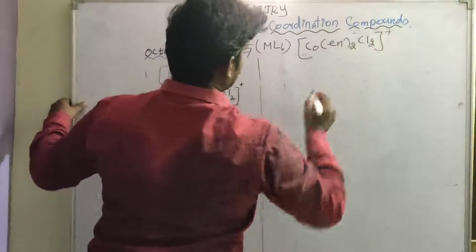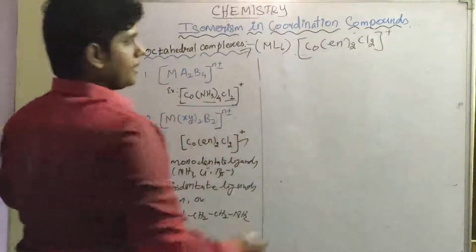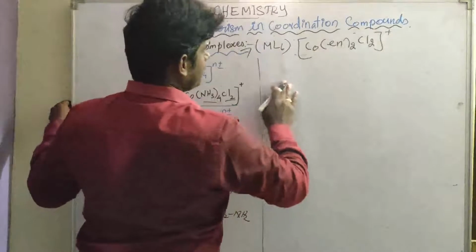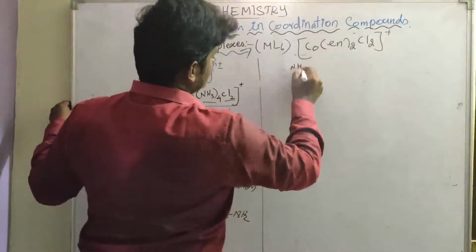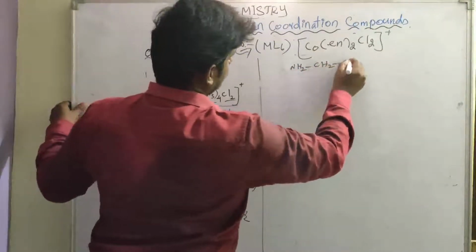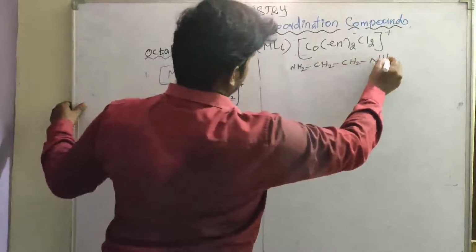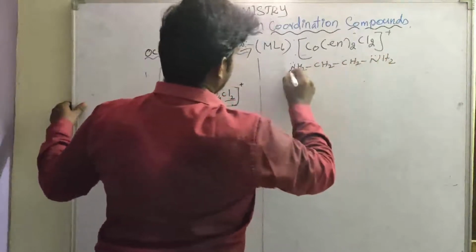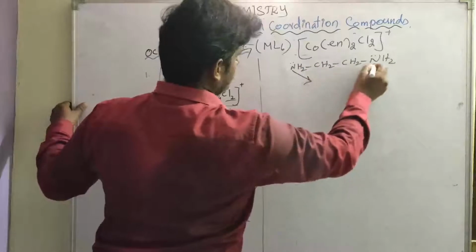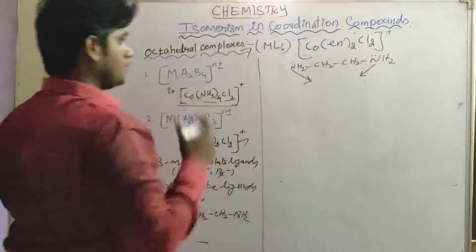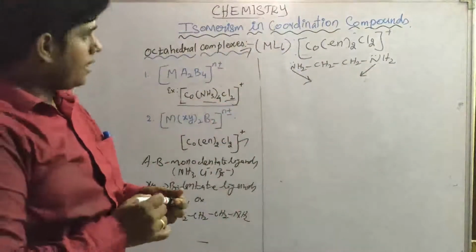En is ethylene diamine, which is a bidentate ligand. The structure of ethylene diamine is NH2 CH2 CH2 NH2. Remember, this can donate through two donor positions to the central metal atom.